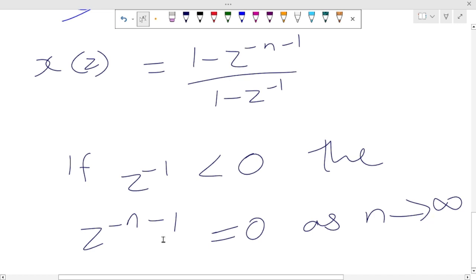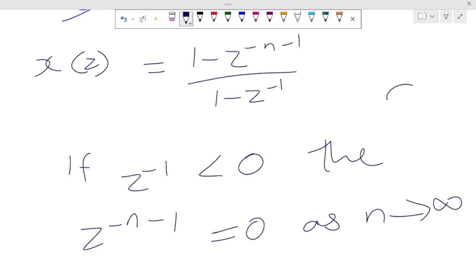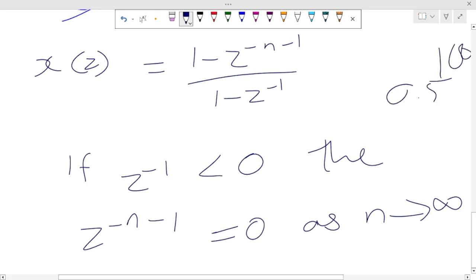Okay, meaning just like I explained in the previous videos, as n grows, 0.5 raised to a power that is very big, this answer will be 0.0000000.